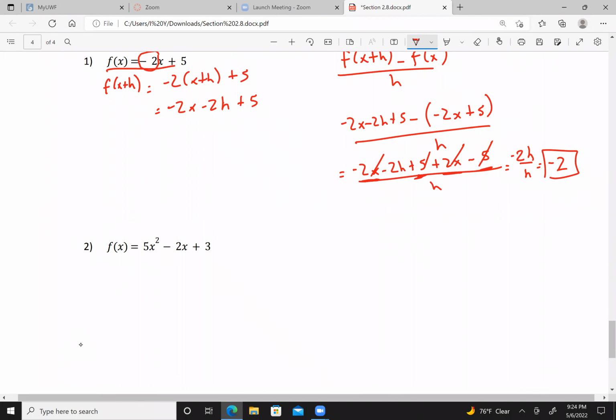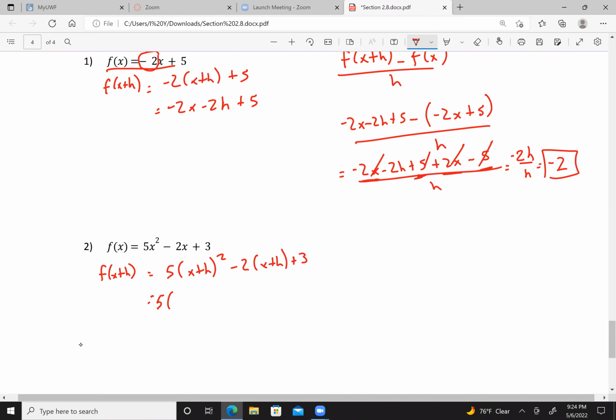However, what if we don't have a line? What if we have something like this? So now I need to find f of x plus h. That's 5 times x plus h squared minus 2 times x plus h plus 3.